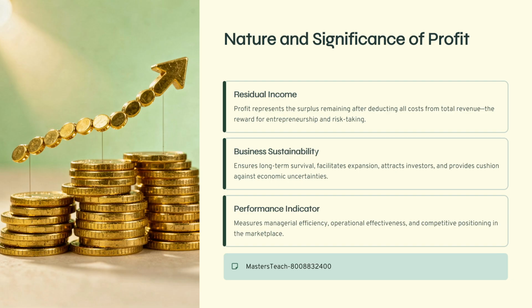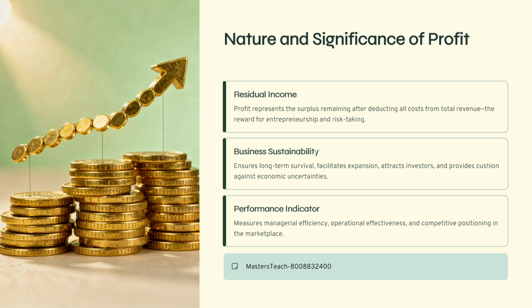Nature and significance of profit. There are three aspects here: residual income, business sustainability, and performance indicator. Residual income means profit represents the surplus remaining after deducting all costs from total revenues, the reward for the entrepreneur's risk taking. For the risk taking, the entrepreneur gets the residual income.